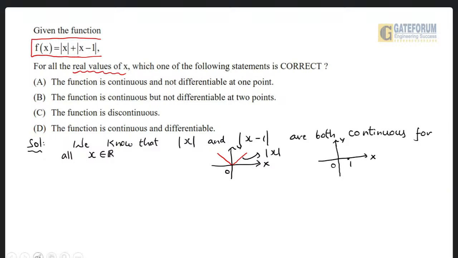You will be getting the mod x minus 1 graph.